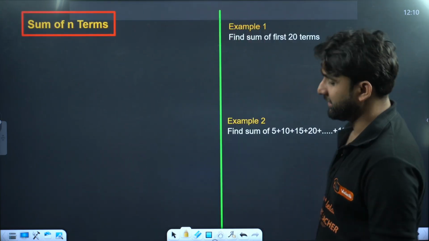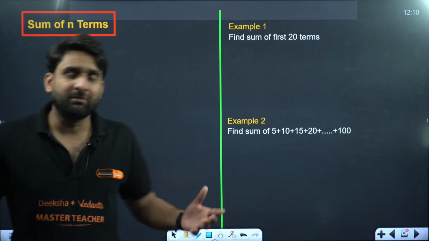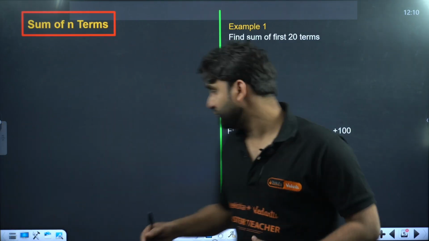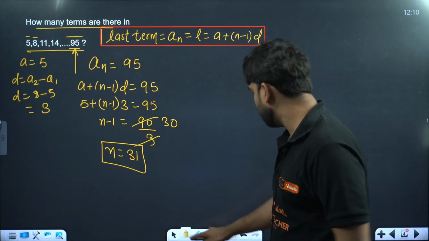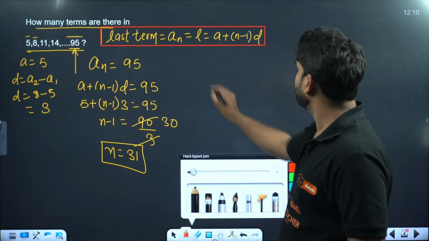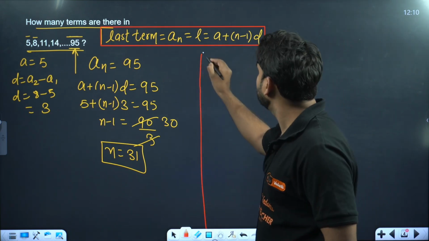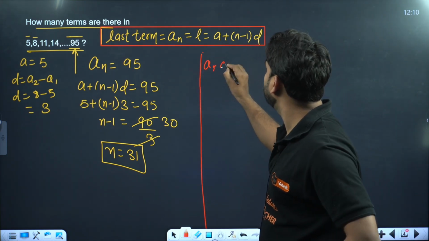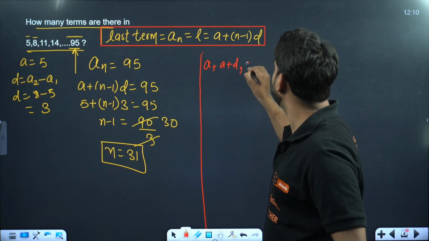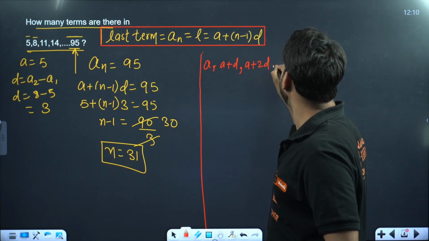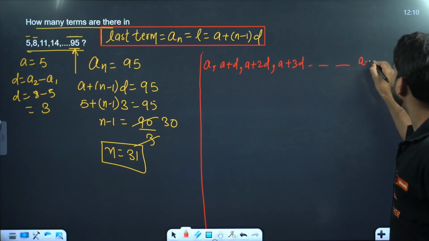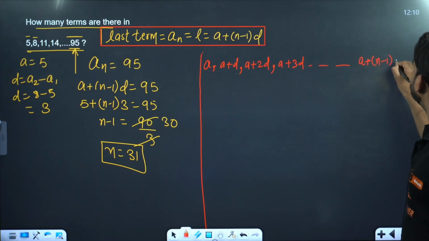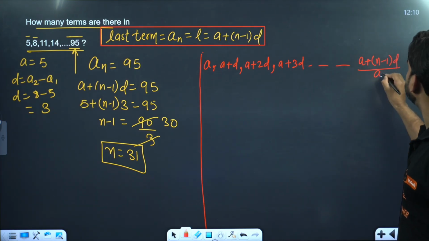Moving to next. Okay. Now this is all about the nth term. The first formula that you have learned from this chapter is that the AP is written as A, A plus D, A plus 2D, A plus 3D, and for the last term we can write A plus n minus 1 into D, and this is equal to the nth term.